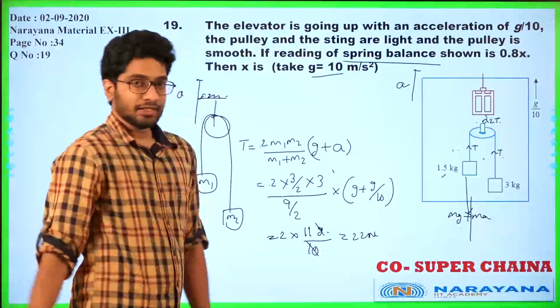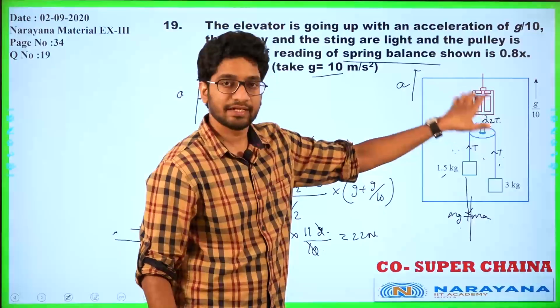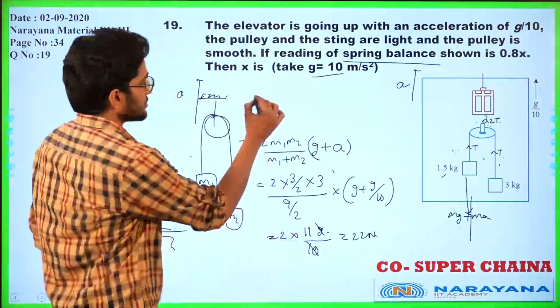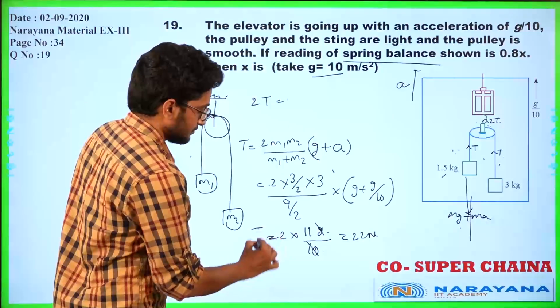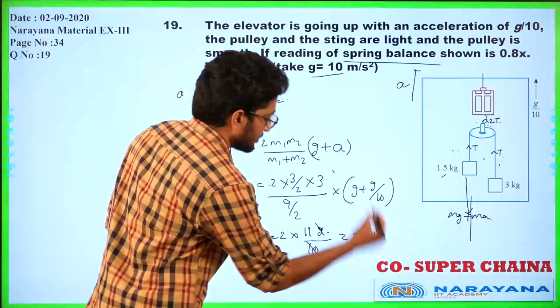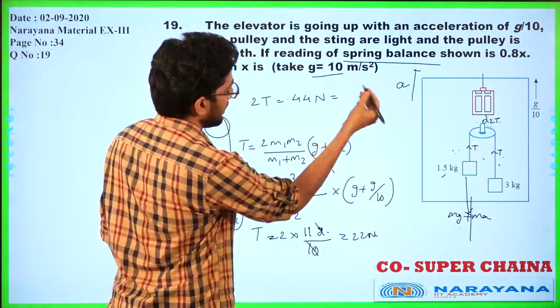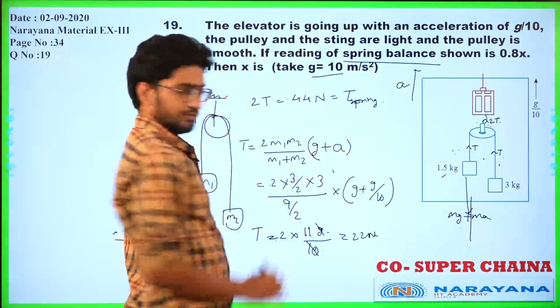So if the tension in this string is 22 newtons, we ultimately need to find the tension in this, that is the tension in the spring, or the reading of the spring. So 2T would be 2 into 22, so this would be 44 newtons. This is the reading of the spring, or the force in the spring.